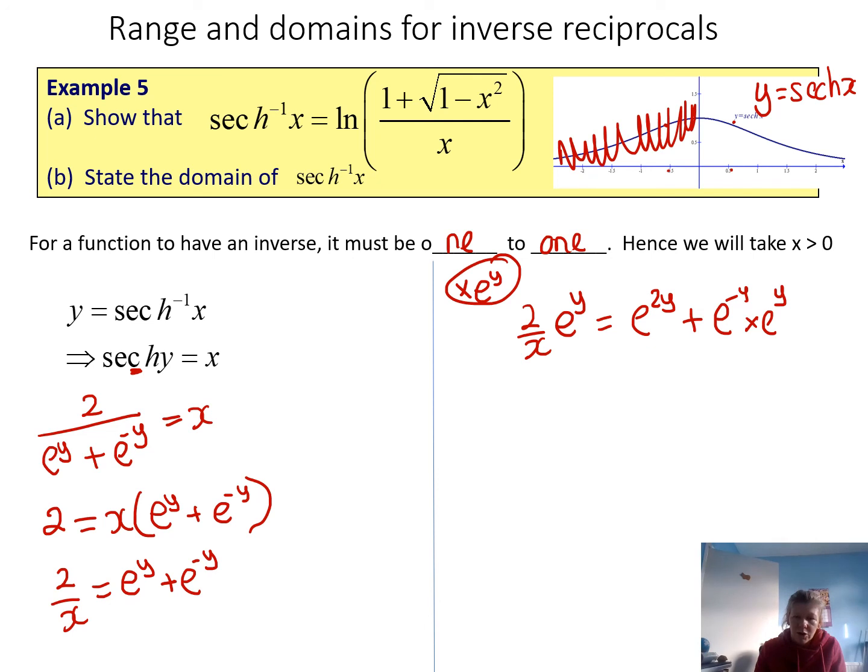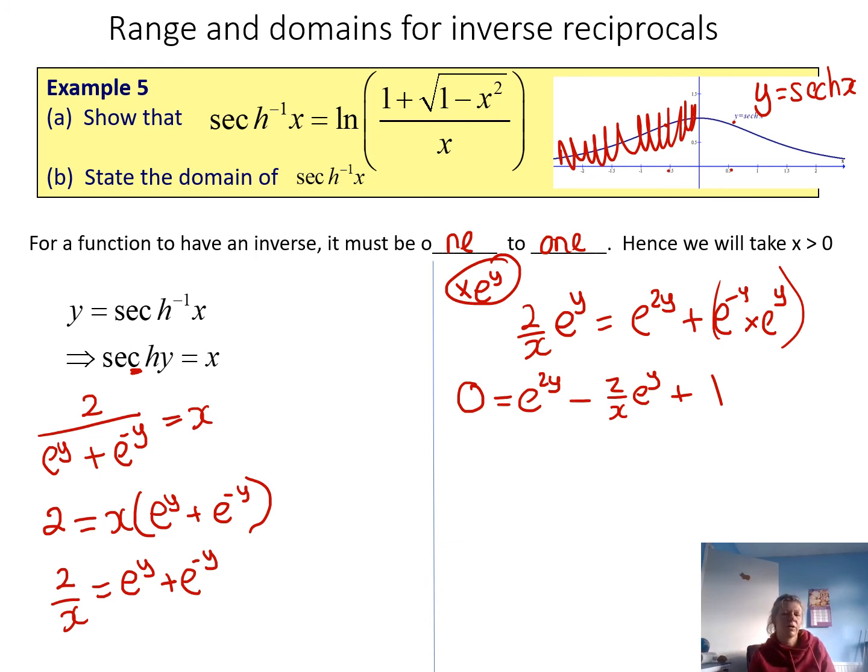Add those together, e to the 0, which would be 1. I'll write it down because then you'll see what's going on. So that's 1. Let's write the 0. This is very quadratic. 0 equals e to the 2y minus 2 over x e to the y plus 1. So it's one of those hidden quadratics.